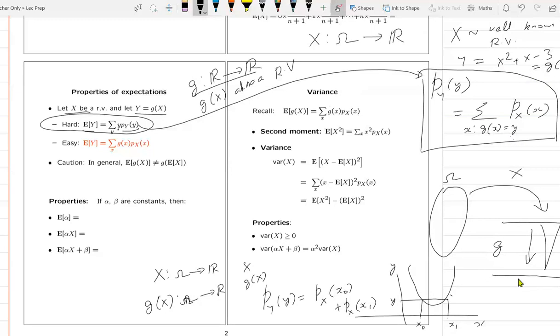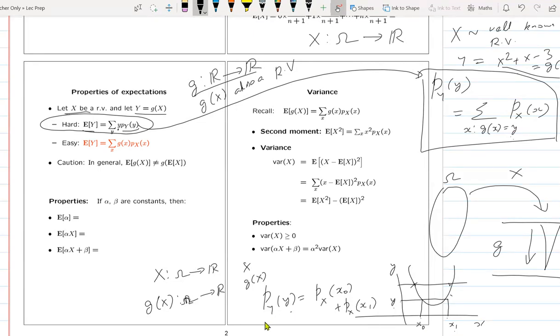So in this example, we draw the graph. This is a quadratic function, so this is a parabola. So there are two values of x for which the same value of y is coming. So the probability of Y equal to y is the probability of X equal to this particular x0 plus the probability of this particular x1. For every value of y, I need to find x0 and x1 and sum them up to get the probability of y.